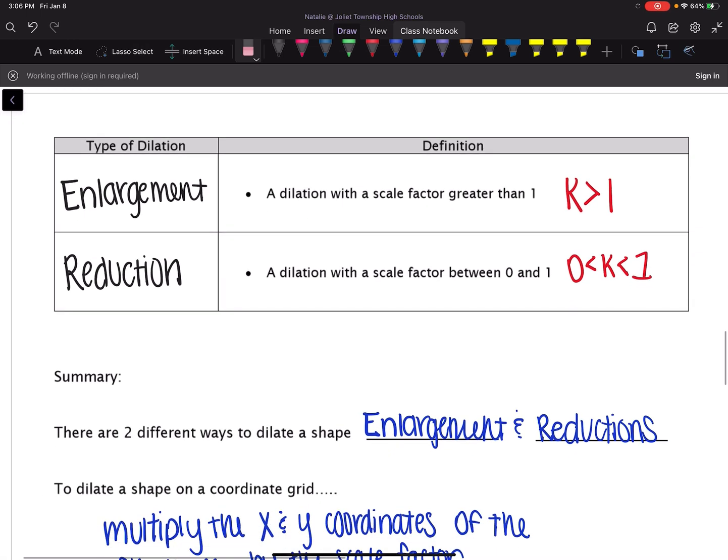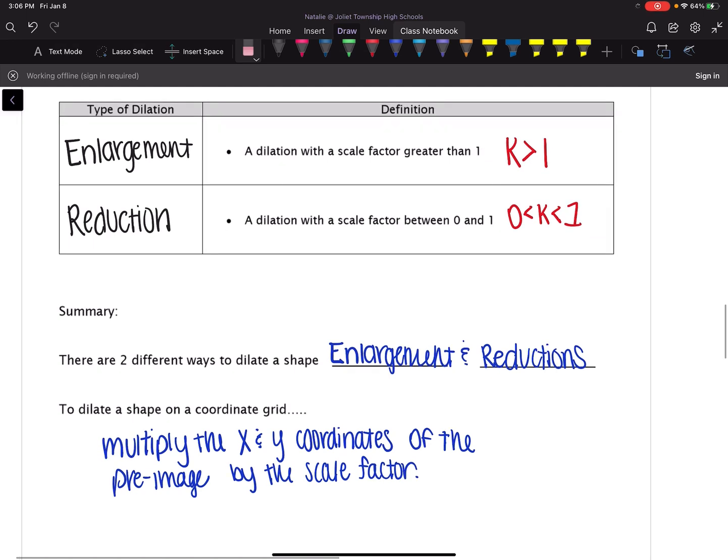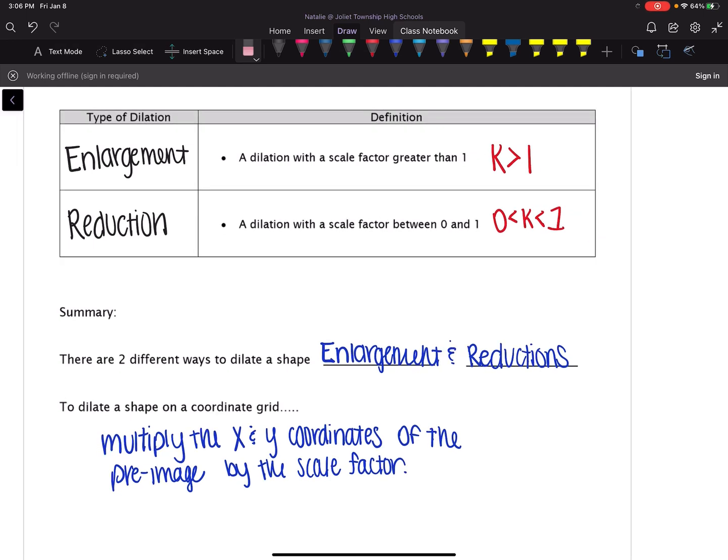And then the last portion of the notes was just a summary of the two different dilations that we completed in the activity. On your chart, you can fill in this first line as an enlargement.